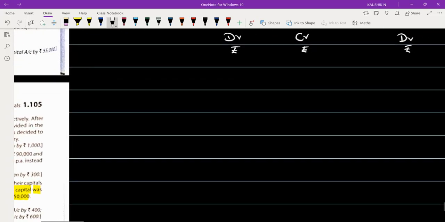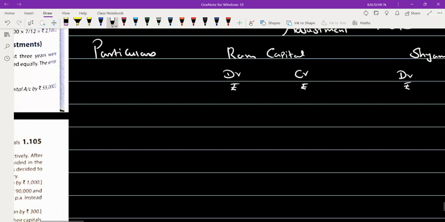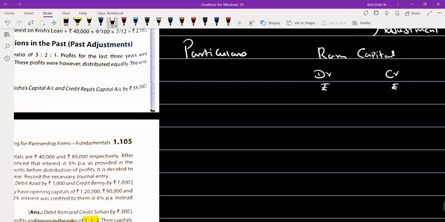Okay. Now you have to first do the reversal. What's the error that you did wrongly? You have credited the interest at the rate of 9%. Usually the interest would get credited, so now you need to debit them.